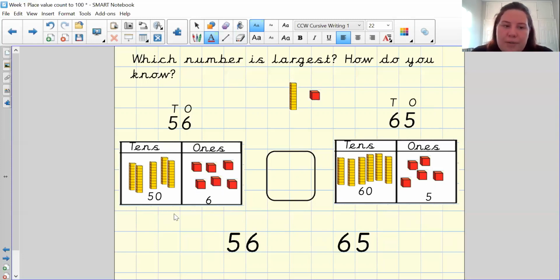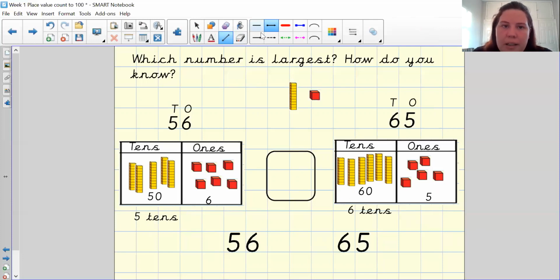So there is 5 tens this side, so I can write 5 tens. And there is 6 tens in this side. So which one has the most tens? Well done, 65. So that means I need to draw my crocodile to eat the biggest number, which would be this way. And I'll do the same then for the number underneath as well.